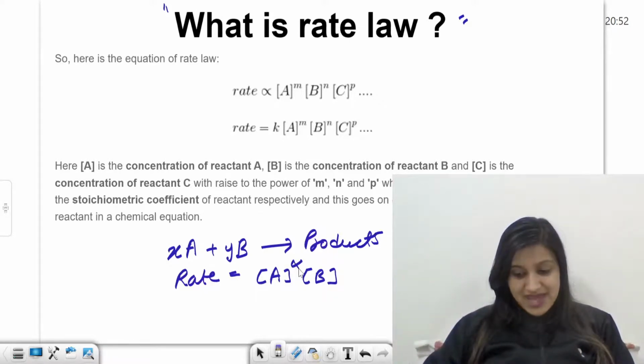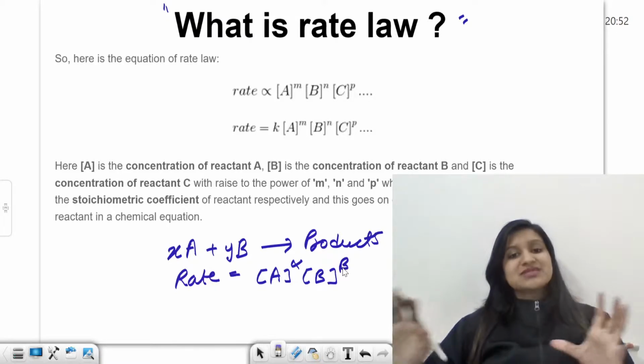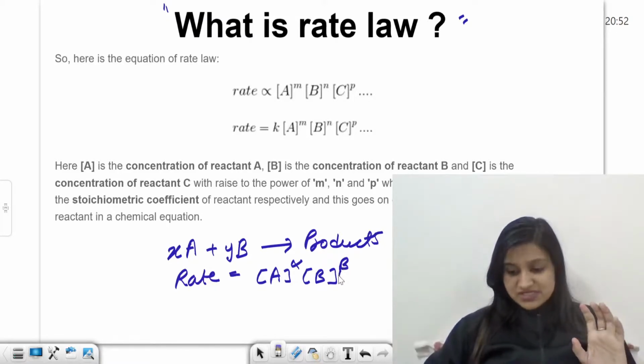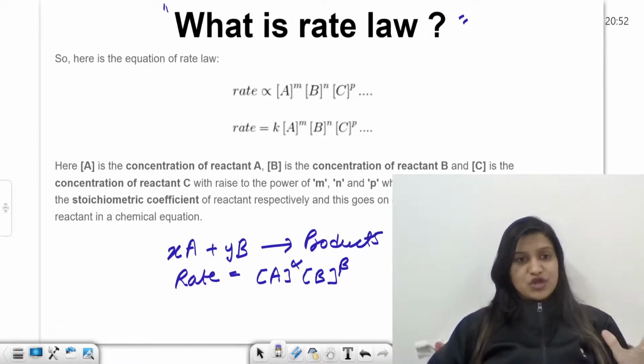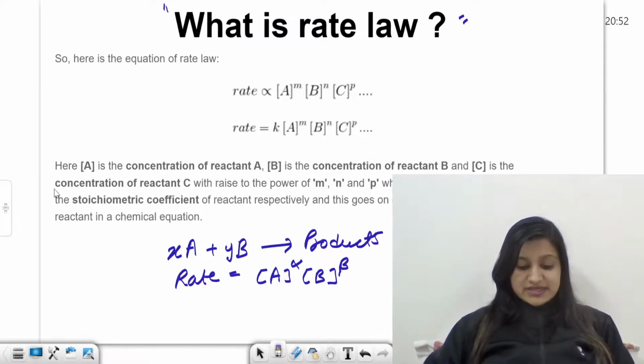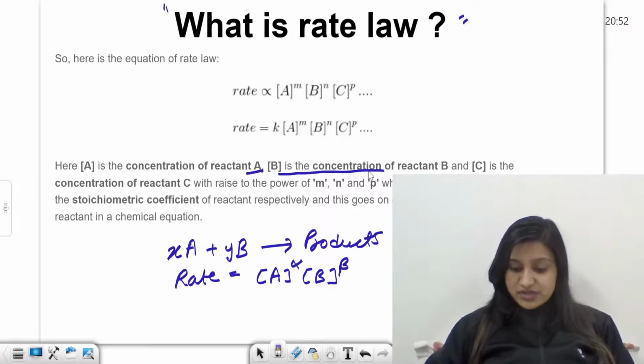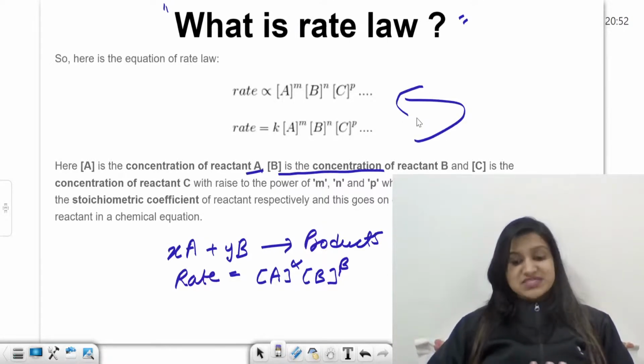They may be some alpha and beta. Let's take them as alpha and beta. So here, this is the concentration of A, and this is the concentration of B. So we are talking about this one.